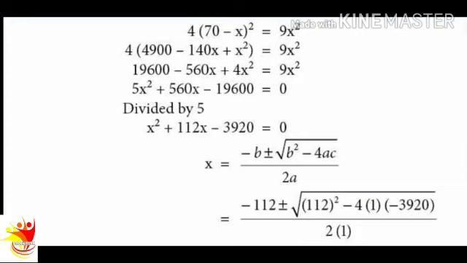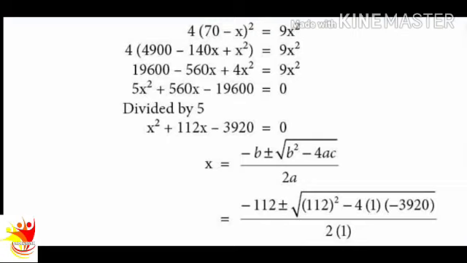Multiplying by 4: 4 into 4900 equals 19600, minus 4 into 140, minus 560x, plus 4x square equals 9x square. Interchanging all values, we get 5x square plus 560x minus 19600 equals 0. Dividing by 5, we get x square plus 112x minus 3920 equals 0. This is one quadratic equation.